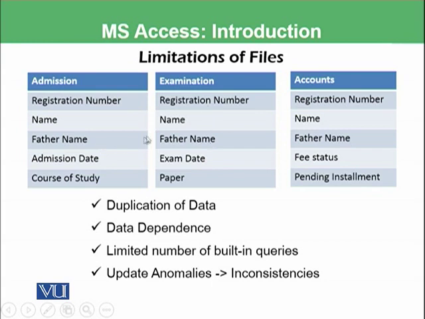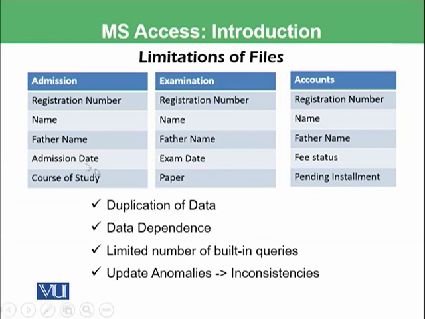So all of these three attributes are similar, and then exam date and paper. And in accounts, again the first three fields are the same: registration number, name and father name, and then fee status and pending installments. So in such a scenario, we have duplication of data. One student is going to be stored in all of these three files, and data would be dependent.